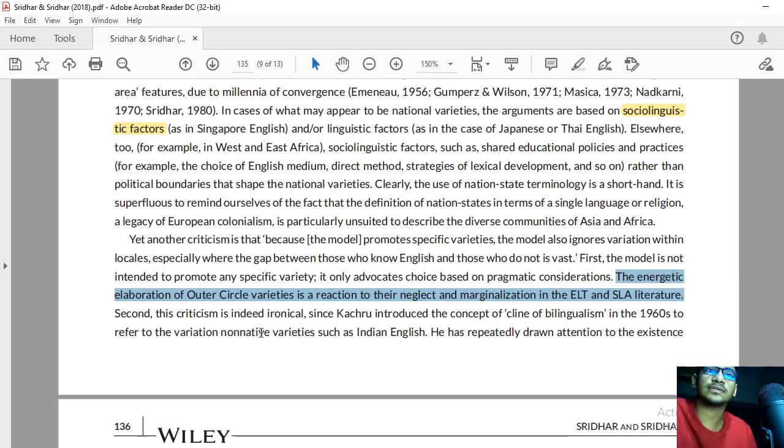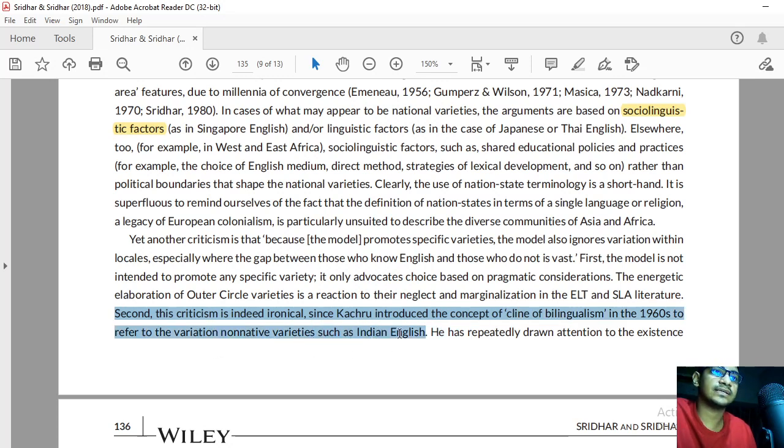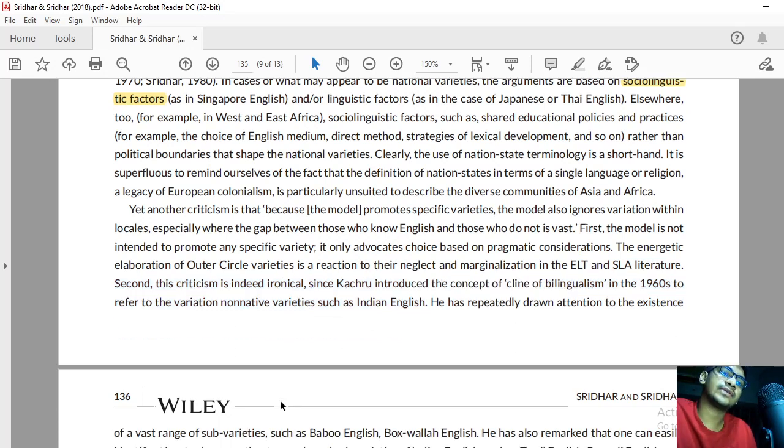Second, this criticism is indeed ironical, since Kachru introduced the concept of decline of bilingualism in the 1960s to refer to the variation in non-native varieties such as Indian English. So he actually made the circles by acknowledging that there are so many variations of English. That's why he made the circles to represent the three main types: ESL, EFL, native variety; outer circle, expanding circle, inner circle.